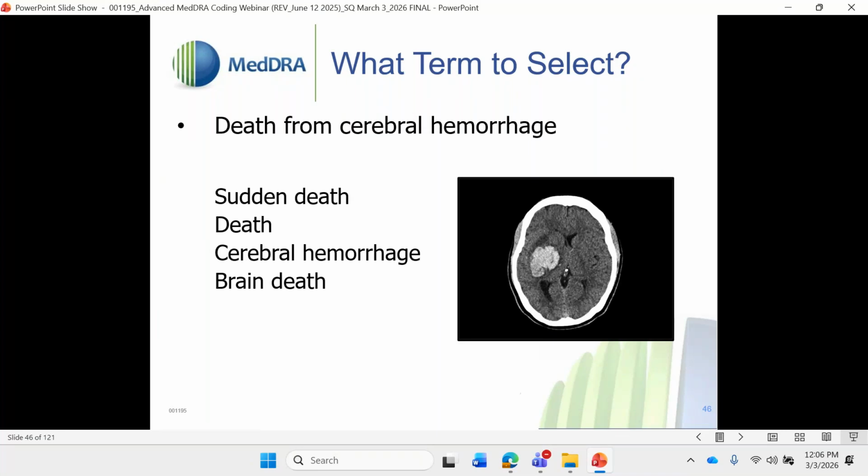We have one question that came in, and it asks, would you interpret "like" in a verbatim as a reported provisional diagnosis? For example, headache like a stroke, rash like a mosquito bite. Well, it's a very good question. Depending on the context of the report, you have some terms in MedDRA that have the word "like" in them, so in certain scenarios that's part of the LLT term.